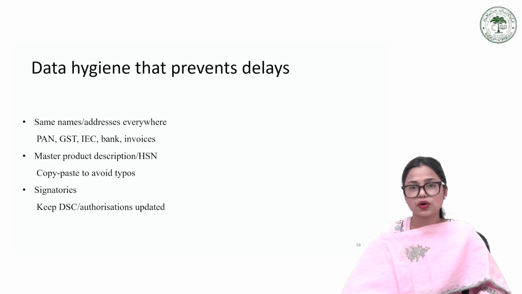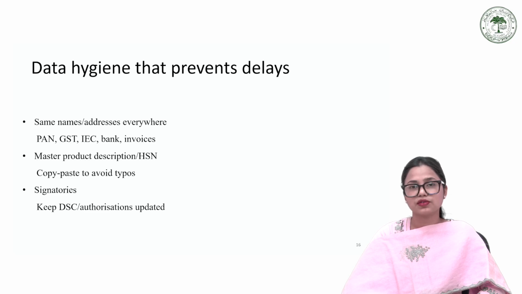The second most important thing to check is the HS code. Any kind of typos in the description of the commodity must be rechecked, must be avoided. And above all, the signatories. All the digital signatures must be updated and all the authorizations must also be updated.